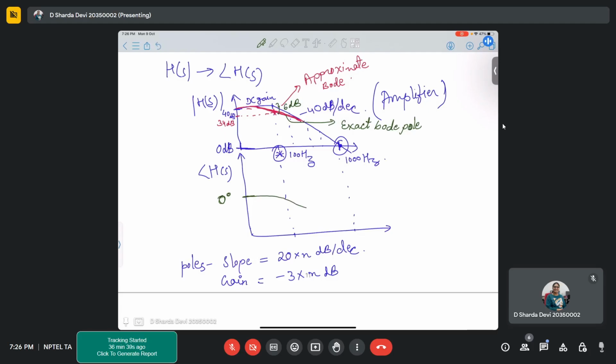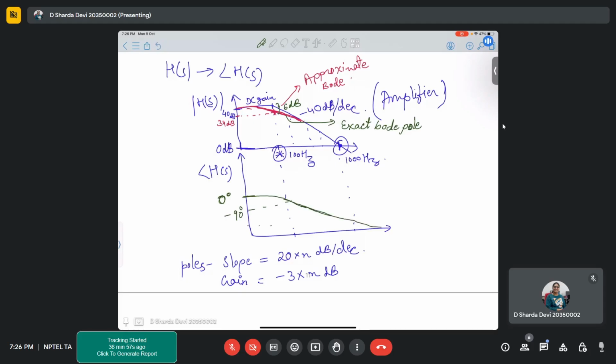Since you have two poles over here, the exact phase that it will introduce is minus 90 degrees. So here you will reach minus 90 degrees, and here the phase is further reducing.